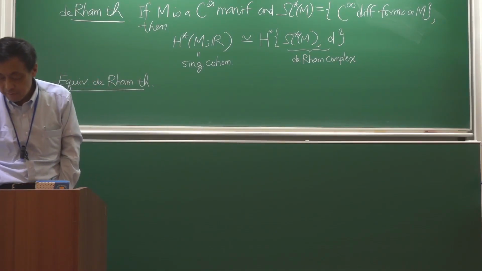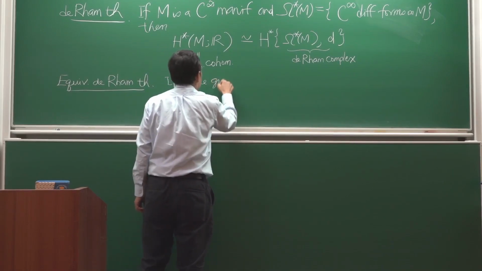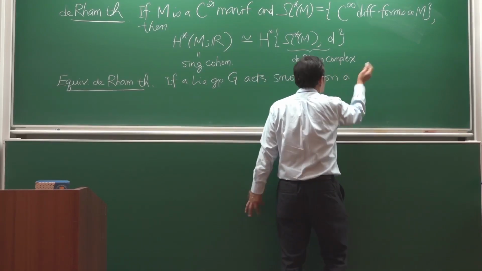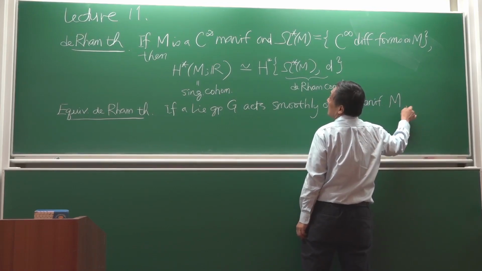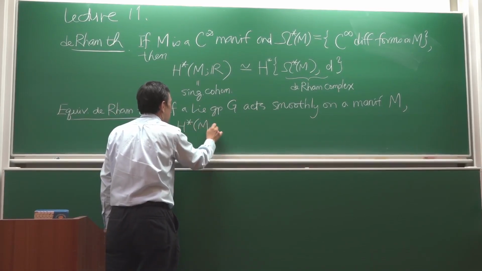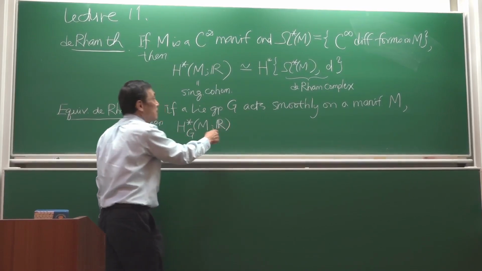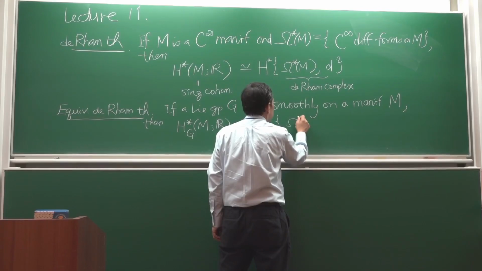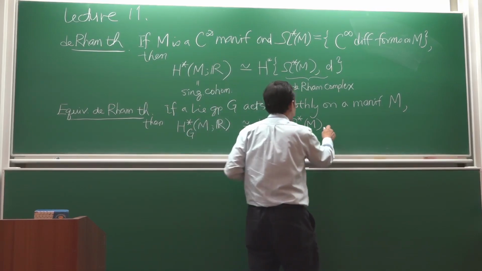So the equivariant de Rham theorem says that if a Lie group G acts smoothly on a C infinity manifold M, then the equivariant cohomology of M with real coefficients can be calculated from a complex that we have to construct, okay, of equivariant forms.